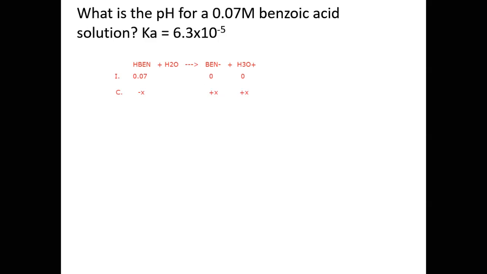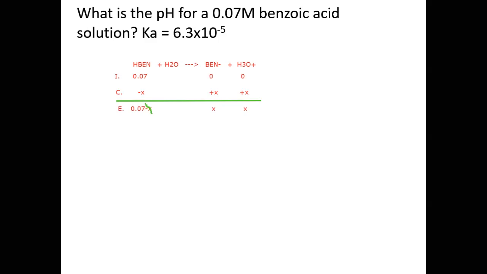Now we get our equilibrium concentrations: 0.07 minus x, x, and x. Now again, the concentration is roughly 1,000 times bigger in magnitude than the Ka, so we can negate the minus x.